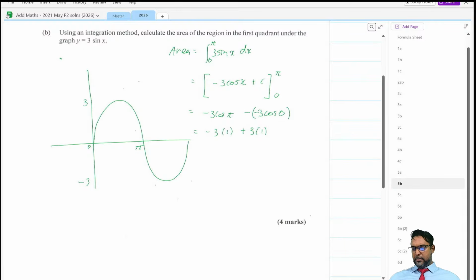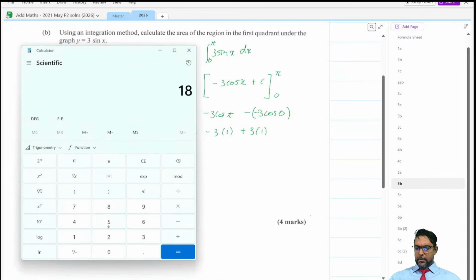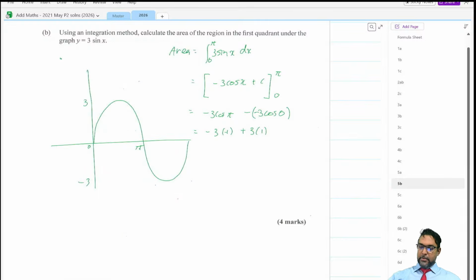Your lower limit is 0, upper limit is pi. What's cos of 180? Minus 1. Right, so that's equal to positive 3 plus 3, which is 6.